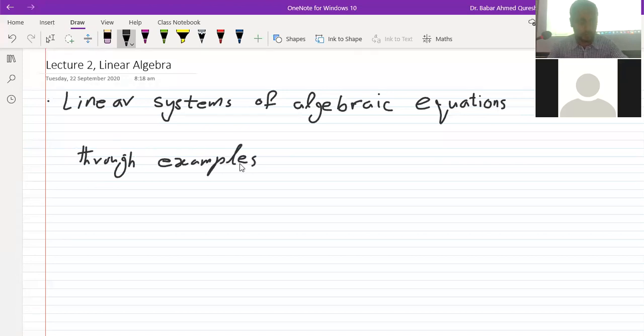And so I'm going to repeat the first example we did, and we solved it by using the usual method which you studied in high school algebra, well, even in middle school algebra. So what was the method? You had to eliminate variables one by one.